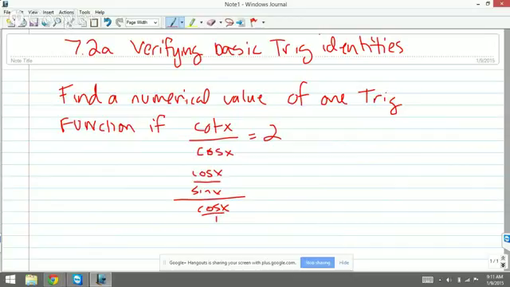Okay. Now what can I do to manipulate that fraction? Yeah. It's fraction division, so I'm going to copy the top, dot, and then flip the bottom.